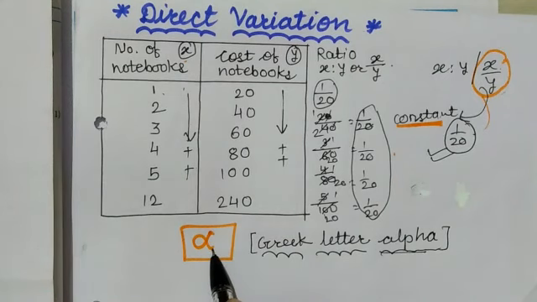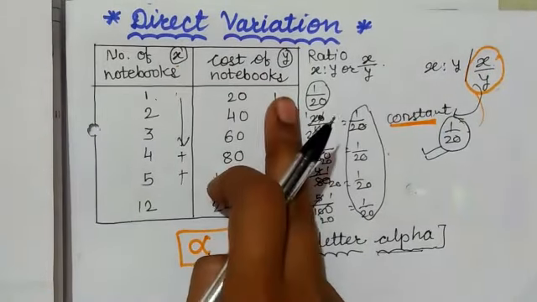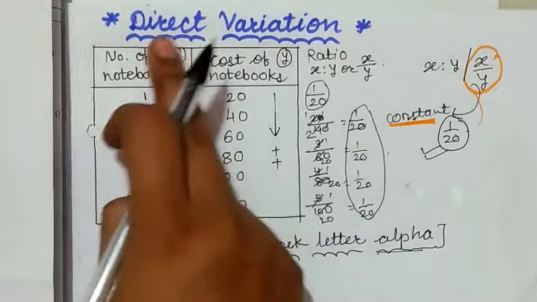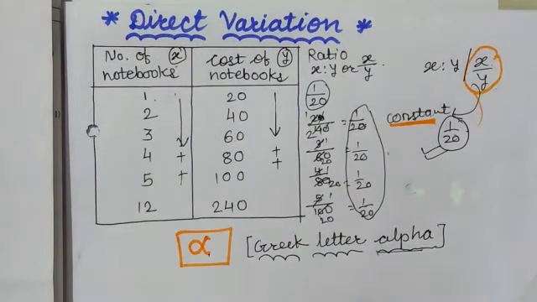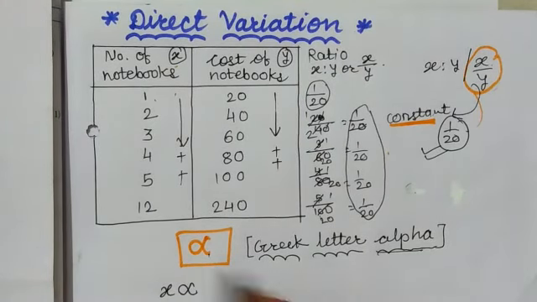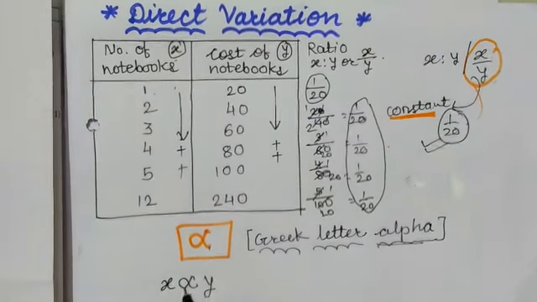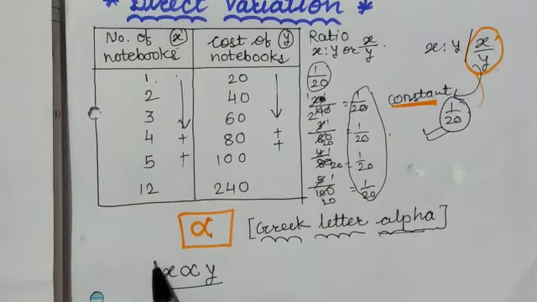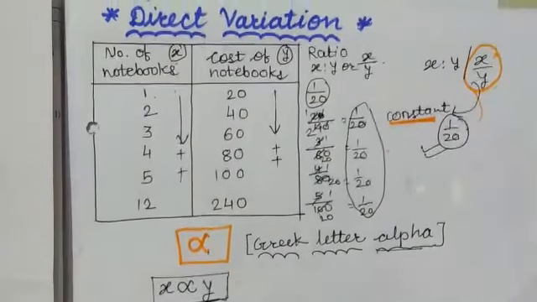By using this symbol, we can write the relation of x and y in the direct variation format. Let's say x is directly proportional or having direct variation with y. Like this way we can write the direct variation among x and y.